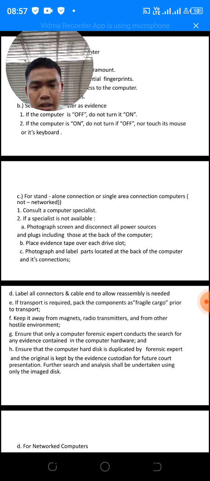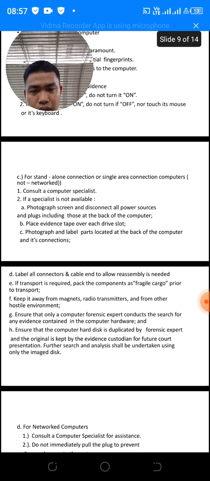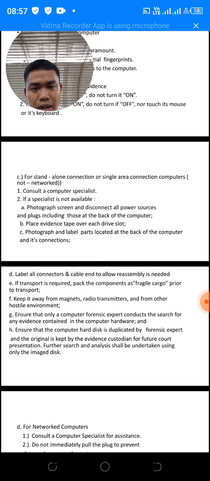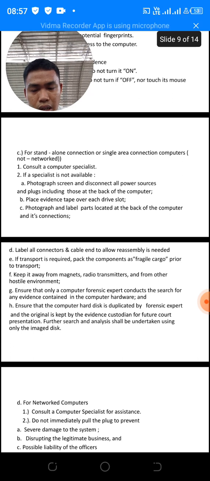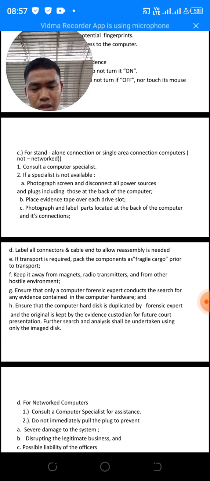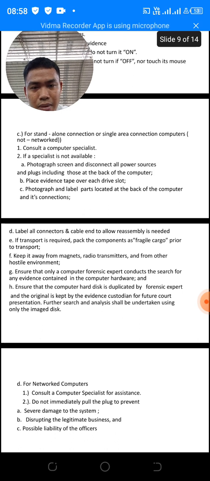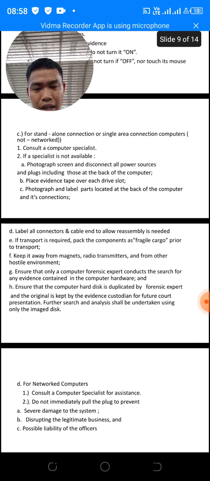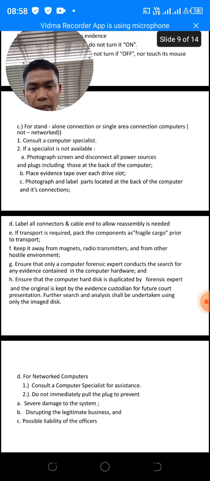So it means that when searching and seizing the computer as evidence, when the custodian is far from the scene, you need to pack the evidence and properly carry and transport it.